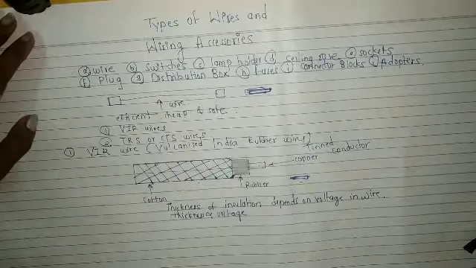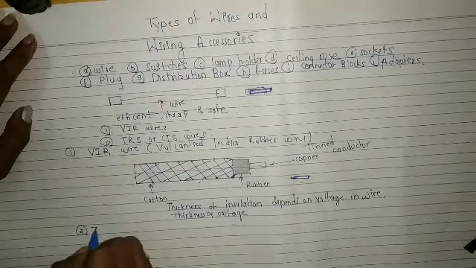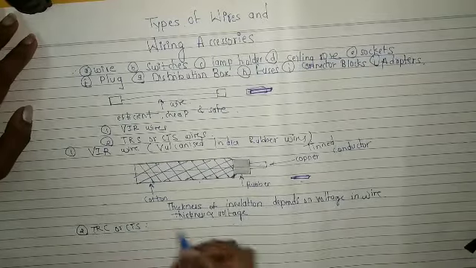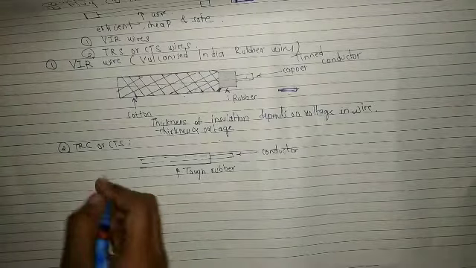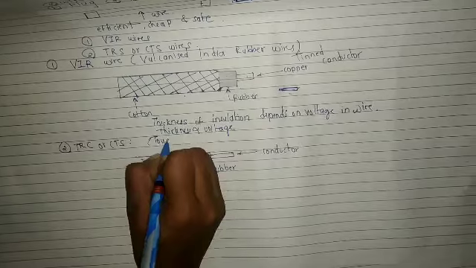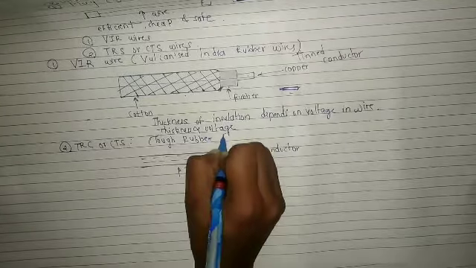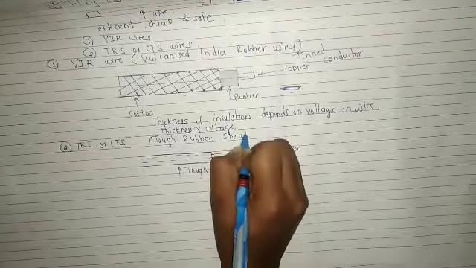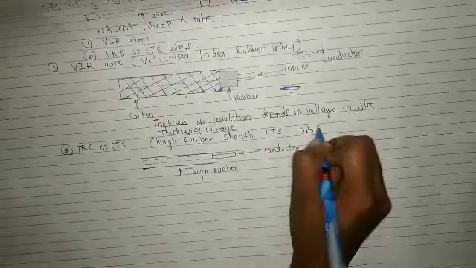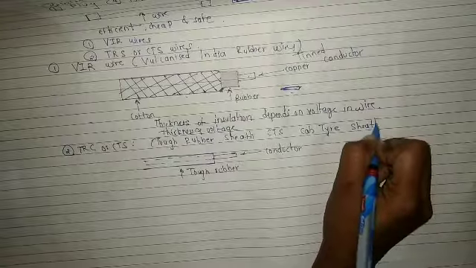Okay. Now moving to the second, TRC or CTS wires. So TRC stands for tough rubber sheath and CTS is cap tyre sheath.